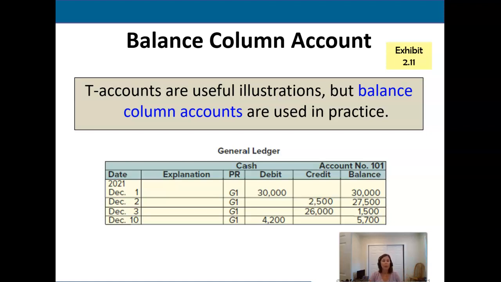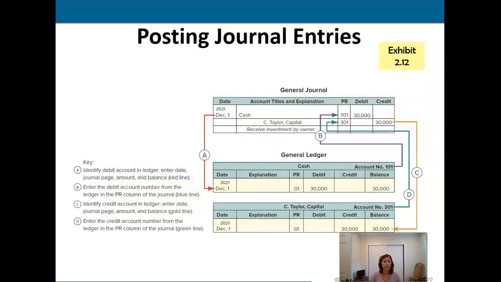And so we've got our debits and our credits to cash, which symbolize, cash is the money, the debit is the money that came in, and the credit is the cash that went out. And then we've got a balance here at the end. And just to illustrate how that flow goes from the journal to the ledgers, this slide talks about it.